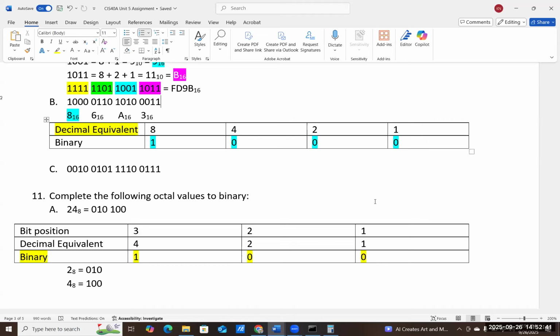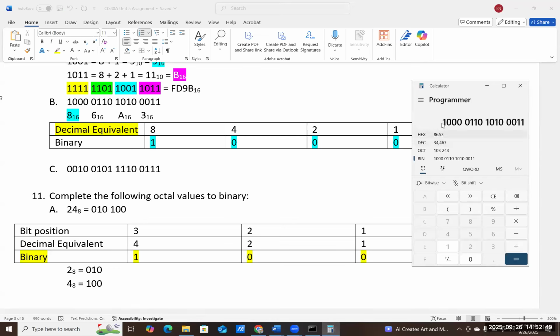The 2 is 0, 1, 0, and the 4 is 1, 0, 0. Now your calculator is able to do octal. So let's clear this. If I click OCT, I can put in 2 and 4, and then I get a binary.